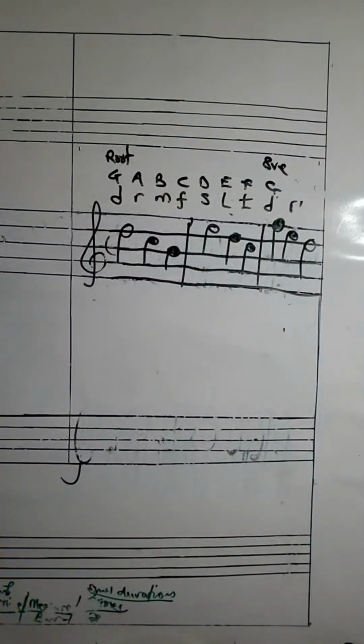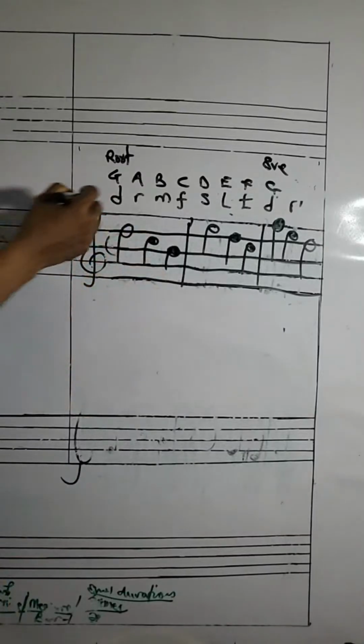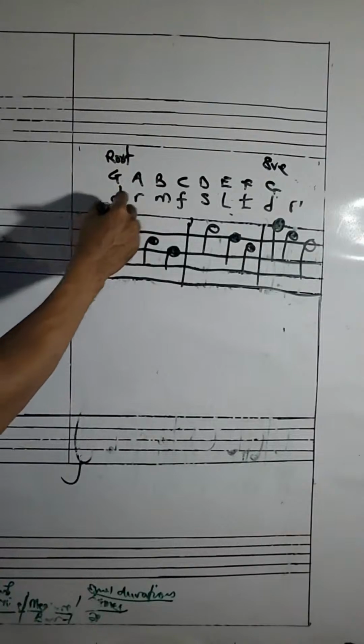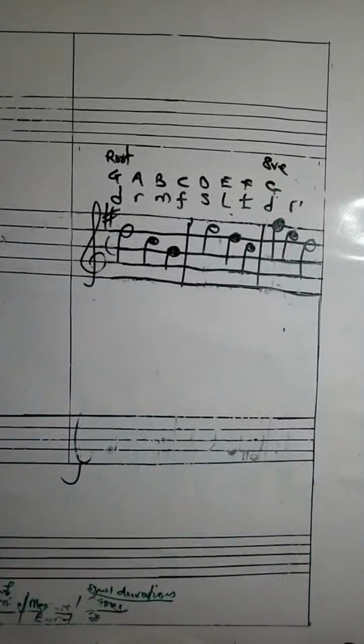Okay, so we already have our notes. We've established the notes in the key of G. Now, the G key signature must be here so that we know that it's in G, right?